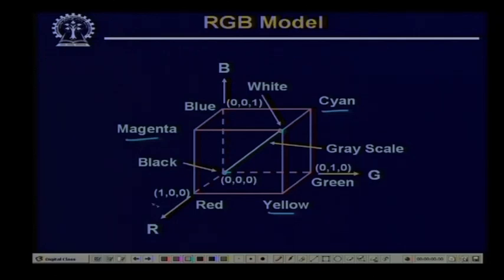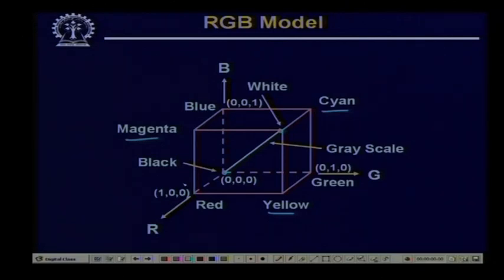Now, from this diagram, if I join black at location 0 0 0 with white at location 1 1 1, then the line joining these two points represents what is called a grayscale. So, all the points on this particular line will have different gray shades, they will not exhibit any color component.